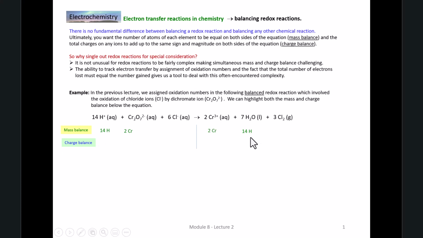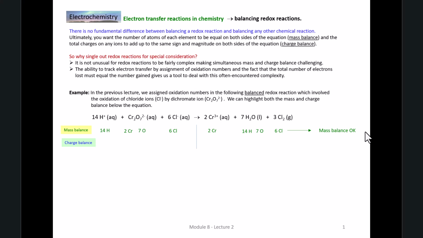There's 2 chromiums on the right. There are 7 oxygens on the left. There's 7 oxygens on the right. There's 6 chlorines on the left. There's 6 chlorines on the right. So yes, this equation is balanced according to mass, as it should be because we said the equation was balanced.